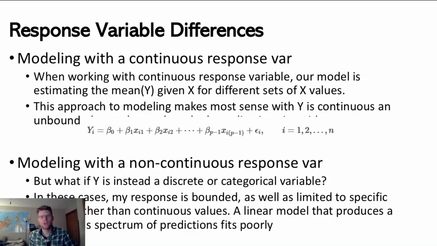Whenever we're trying to model a variable that is bounded into a particular range, and especially that only takes specific values, it may not make a lot of sense to use a linear equation to directly model that response variable, because our equation is going to be predicting values that are not discrete, that are not going to be fitting these specific values. And especially if we have that bounding as well, our model won't make sense outside of a certain range.